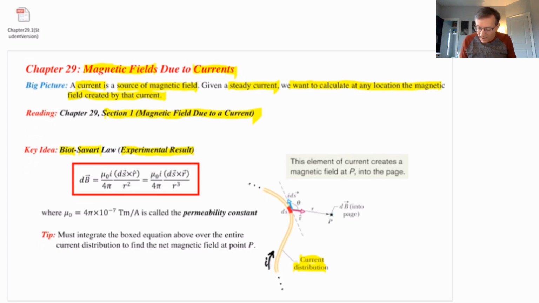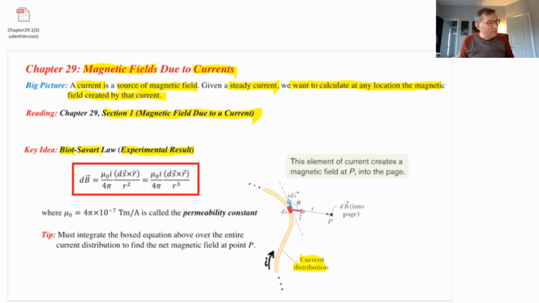And so what they've done is they have highlighted a little piece there in red. It's a little infinitesimal length of the conducting wire, ds. It's that part highlighted in red that you can see. And the formula, this experimental result that we're about to state, will enable us to calculate dB, the magnetic field contribution, tiny though it is, from this little length of the current carrying wire, ds.